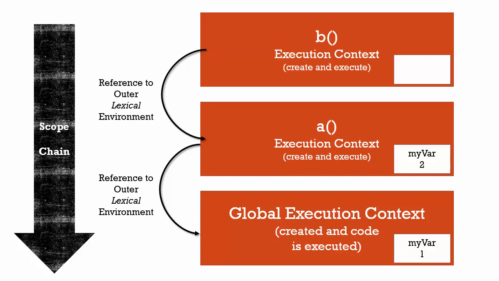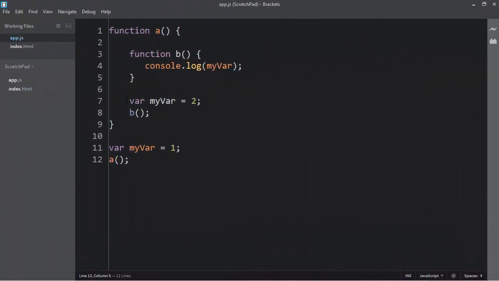The outer lexical environment of B is A this time because B is physically sitting in the physical code that we typed. It was physically sitting inside function A. So where something sits physically, thinking lexically, is a really easy way to figure out how something will be found along the scope chain.